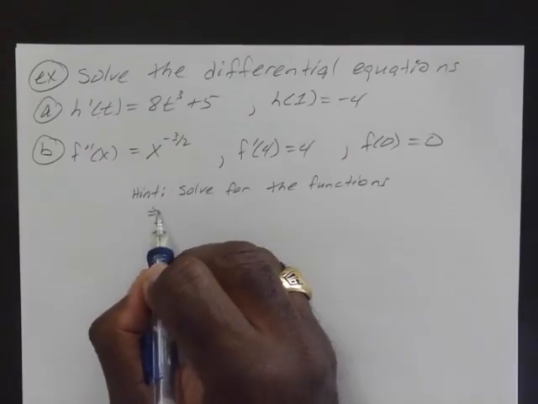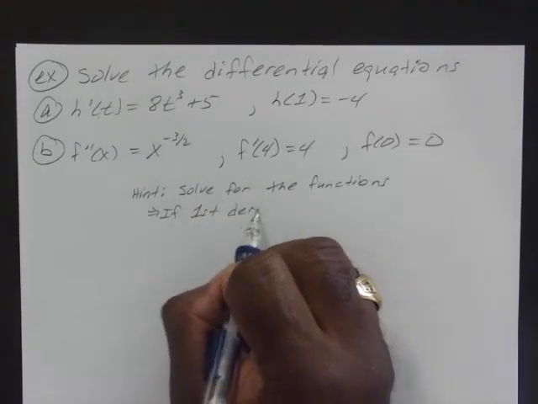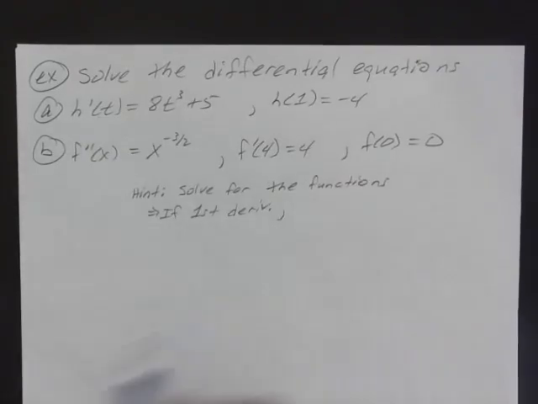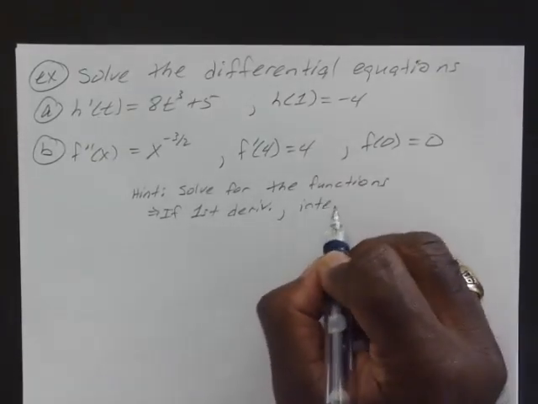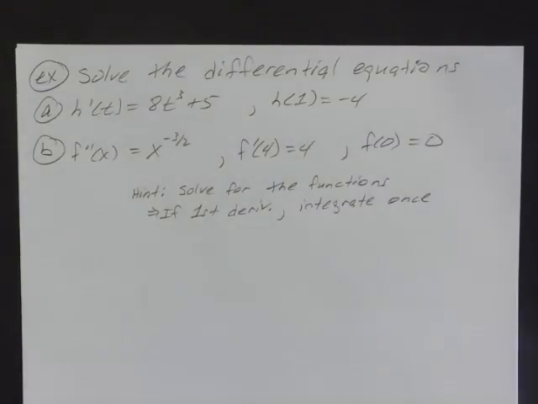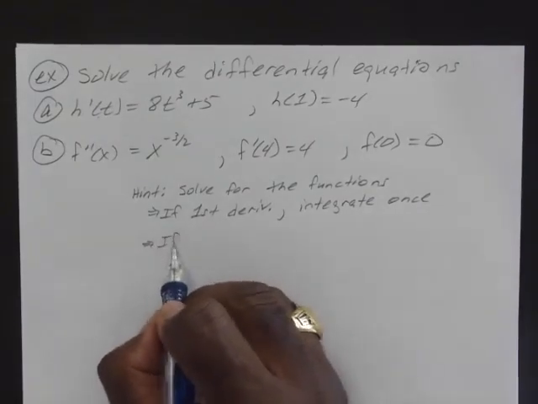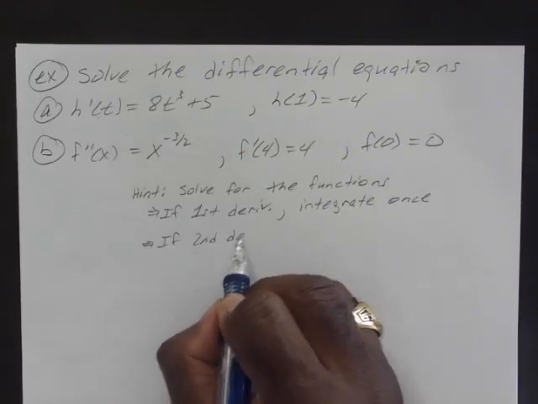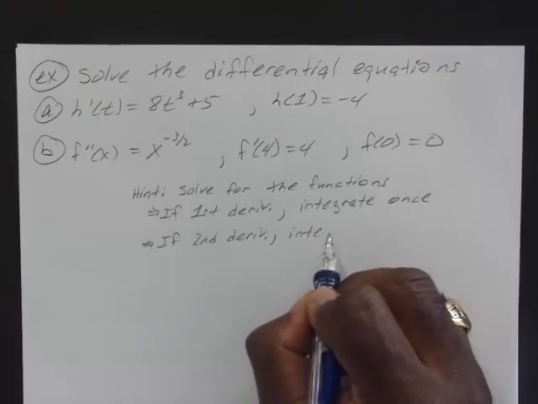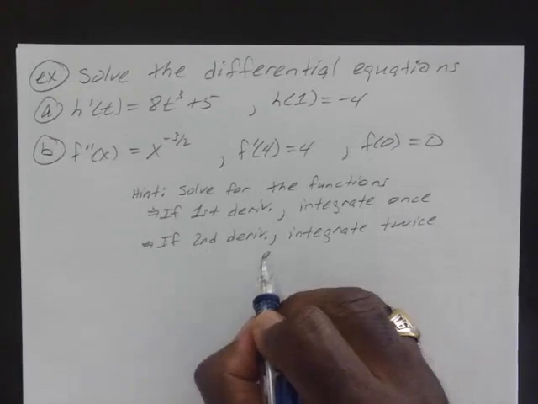So if you have a first derivative, like A, you know you're going to integrate once. Now, if you have a second derivative, like with B, you know you're going to integrate twice. And it keeps on going in that pattern.